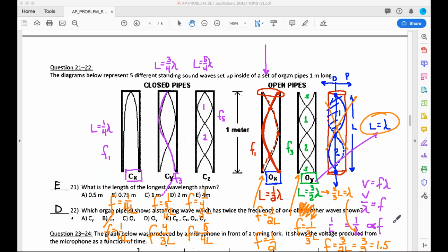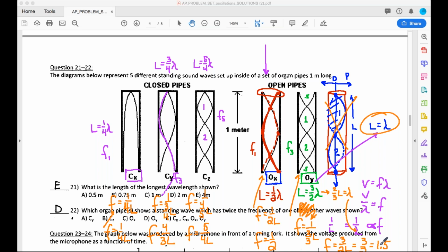So one of the other ones would need to be, which pipe organ shows a wave with twice the frequency of one of the others? Still not seeing it.